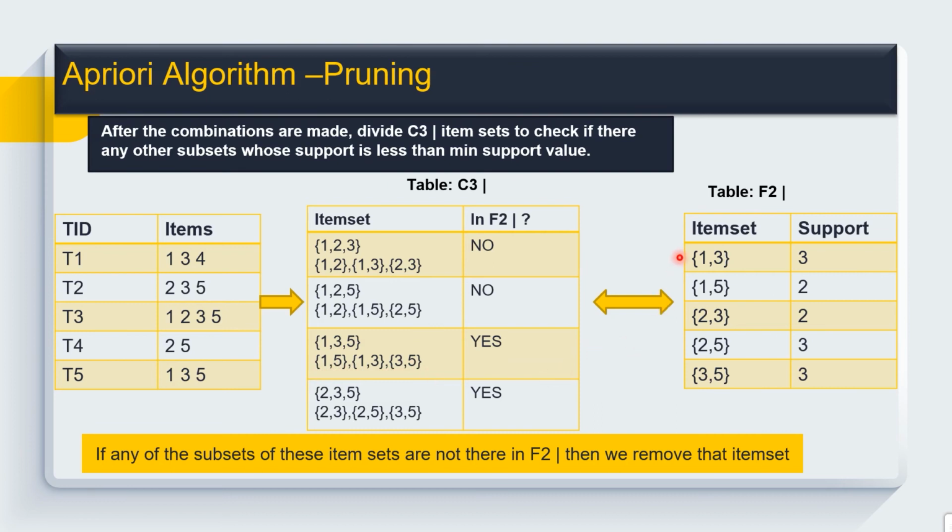Then again, we have 2,3; 2,5 and 3,5, which are also present in table F2. So we remove 1,2 from table C3 and create table F3.